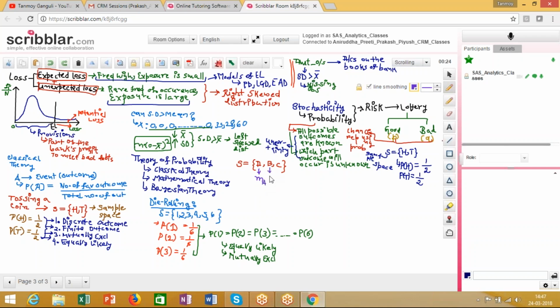Similarly, B has a number of cases favorable to its occurrence, MB, and then MC. So there is MA, MB, MC like this.